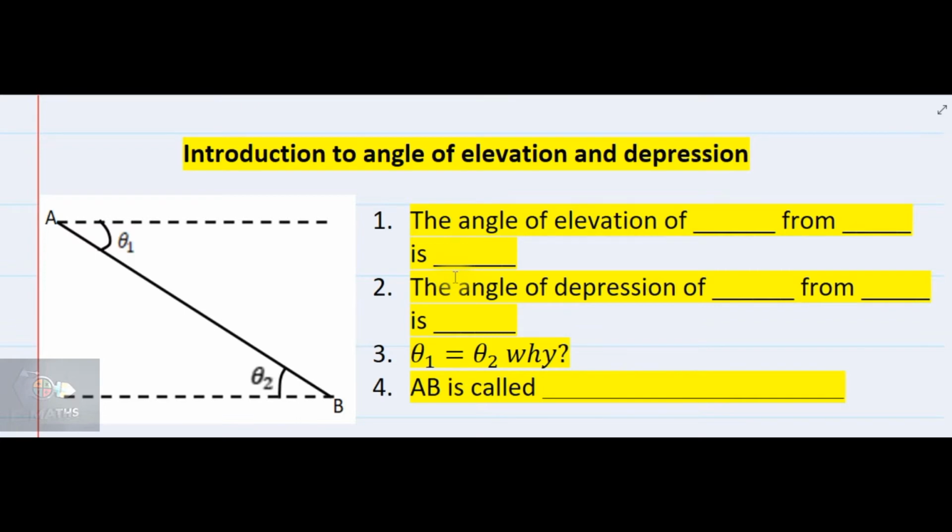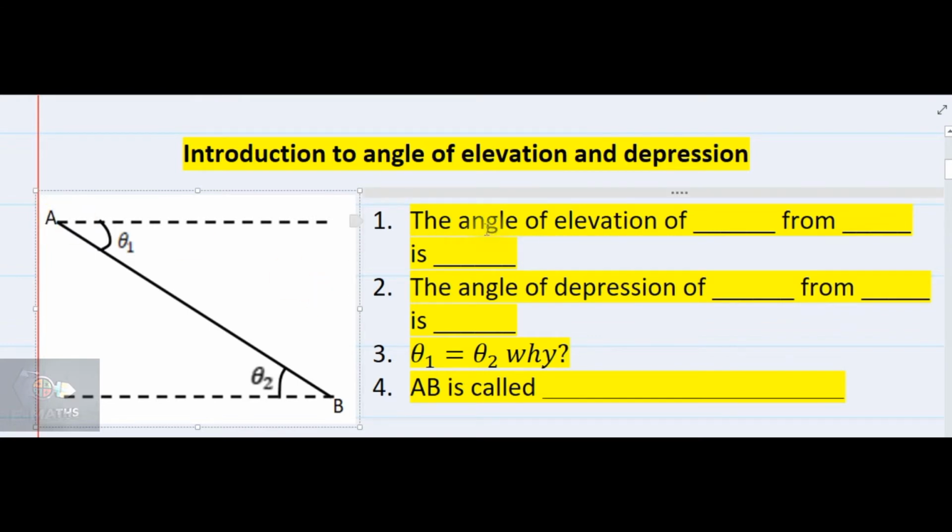First ask yourself, from where are we elevating? If you want to look up, that's to elevate. We stand on point B to elevate, while we stand on point A to depress.